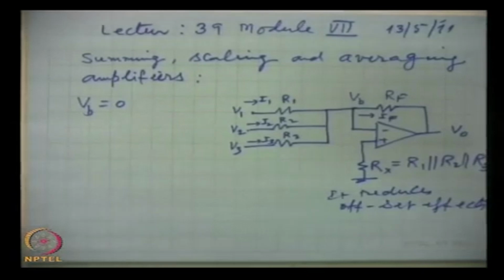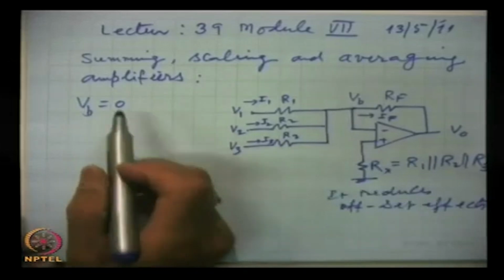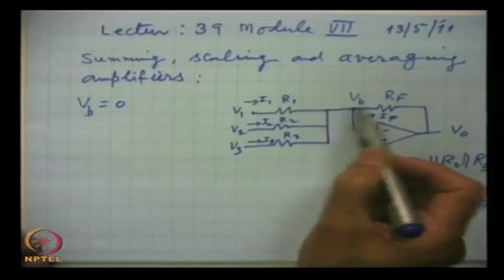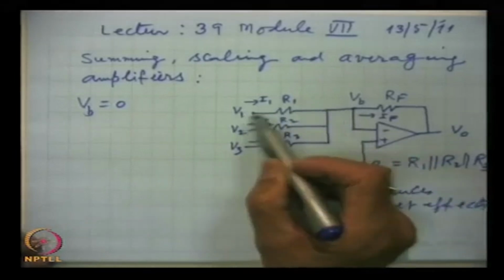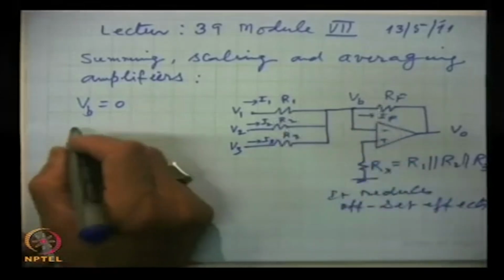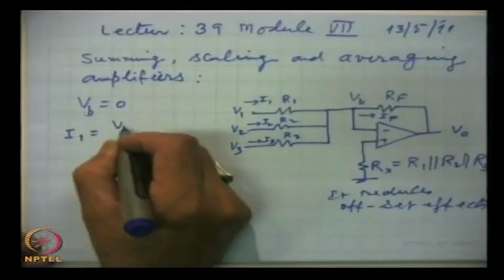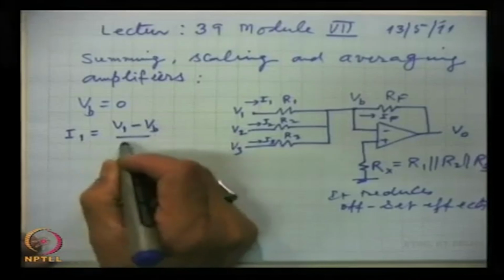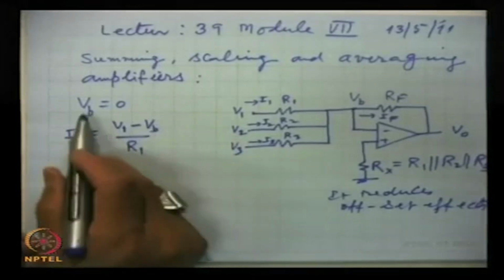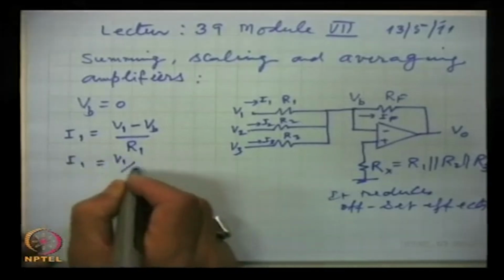Remember, we have said that the inverting input is virtual ground. So, this is at ground potential. Hence, VB is 0. If this voltage is 0, here it is V1, then we can simply write the expression for the current I1. This is actually V1 minus VB by R1, but because VB is 0, I1 is simply V1 by R1.